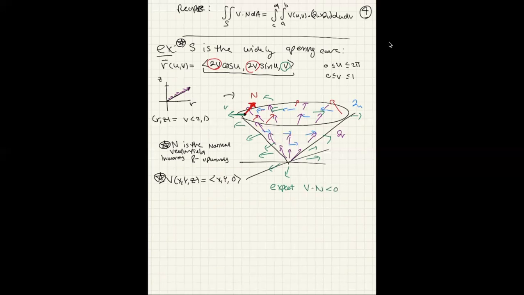Things are flowing not into the cone, but out of the cone. That's how this vector field is moving. So we expect that the flux integral is going to be negative. So let's actually check. Let's compute.